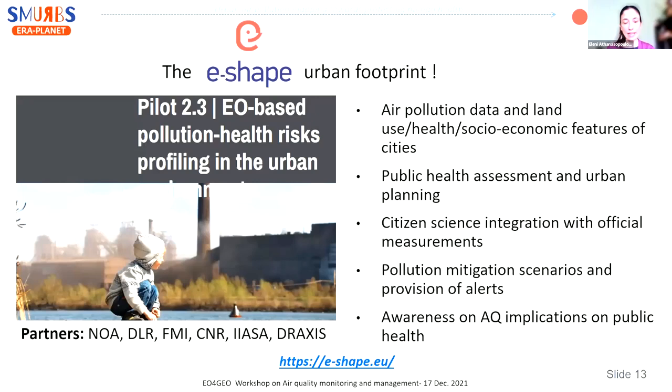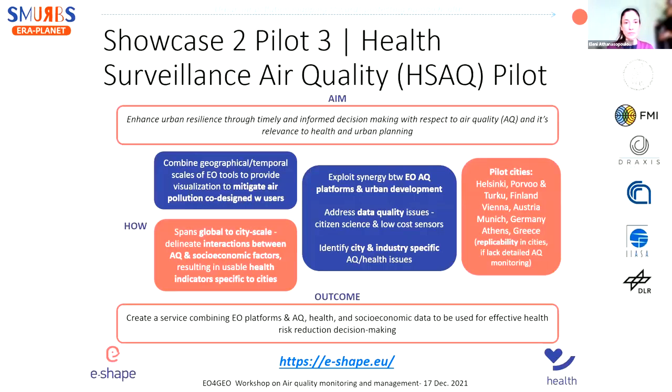on public health. The way to do it, as you can see here, is that we combine geographical and temporal scales of different EO tools, of in situ measurements, of modeling data, of satellite measurements of air pollution, and create synergies among different EO data and health data, and have some pilot cities to showcase the output.